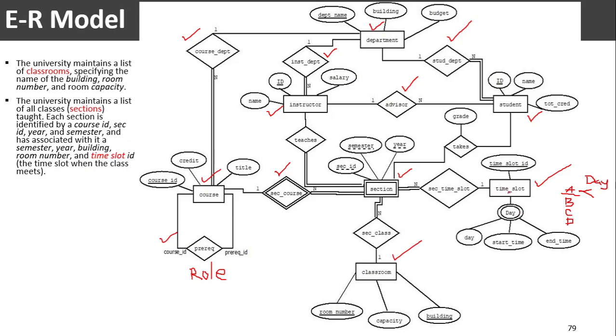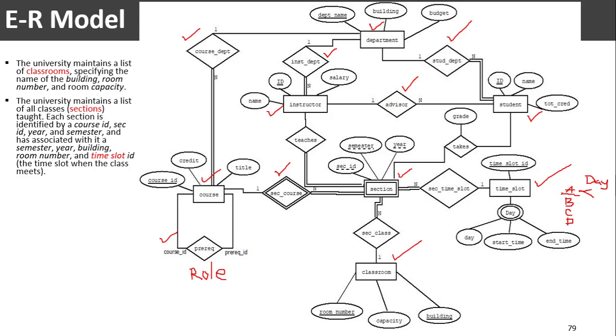Now time slot is associated with the section. So every section is allotted some time slot. So maybe section 1 will be conducted in say time slot A on a particular day. So that relationship can be depicted here between this section and time slot. Okay, so to deal with one section we are having here one associated time slot.